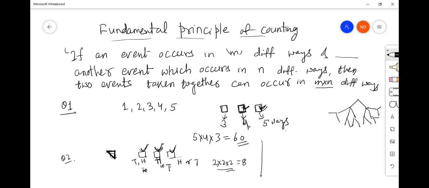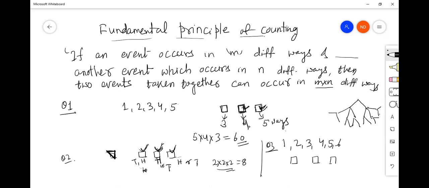How many three-digit even numbers can be formed from the digits 1, 2, 3, 4, 5, 6? We are given 1, 2, 3, 4, 5, 6, and we have to form three-digit even numbers.